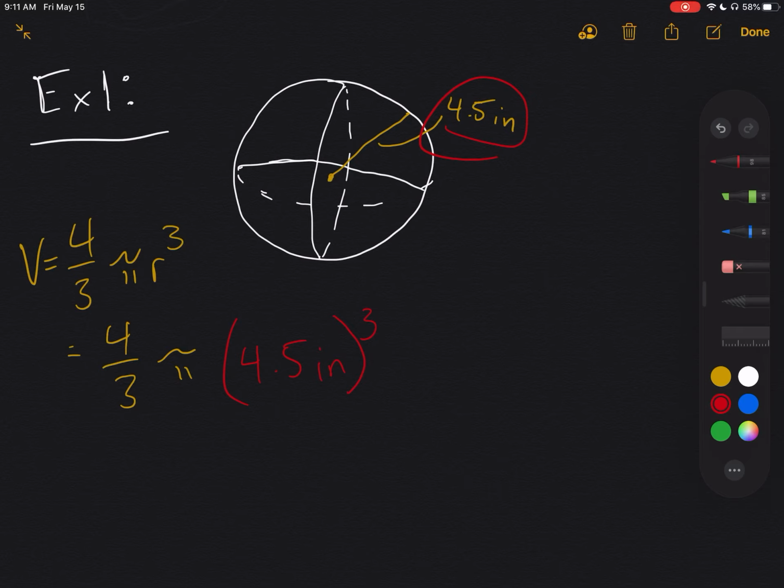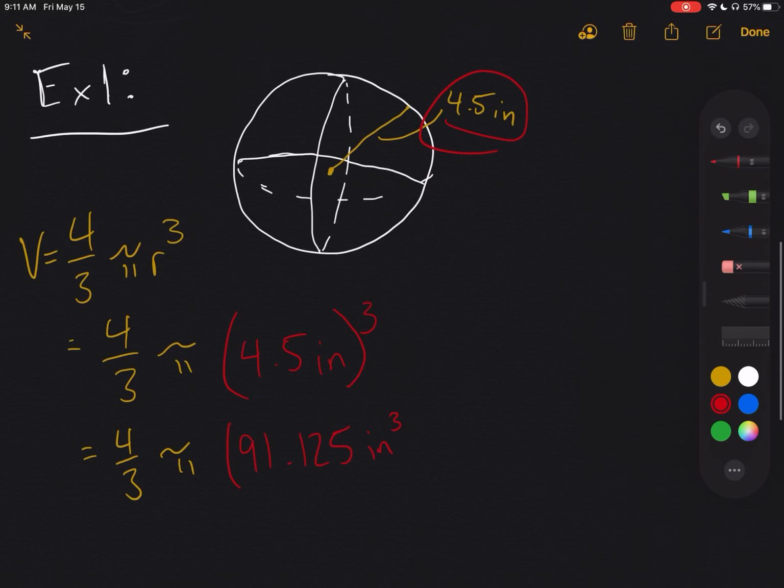4.5 raised to the third power is 91.125 inches cubed.